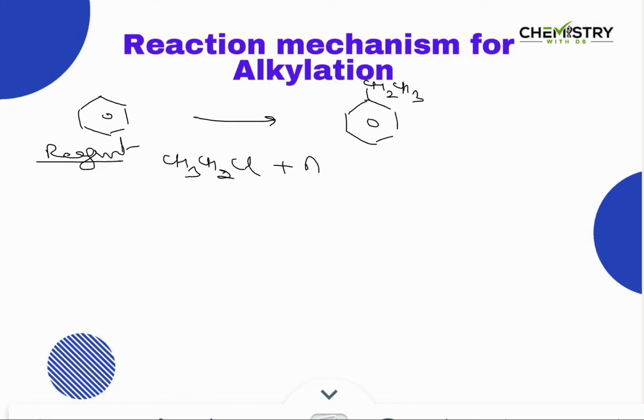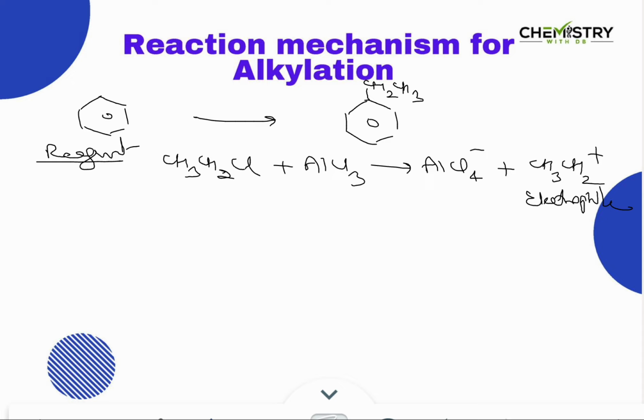Chloroethane, when it reacts with AlCl₃, then as in the case of chlorination, AlCl₃ will take the chlorine forming AlCl4 minus, and an ethyl ion will be generated. This is the electrophile.